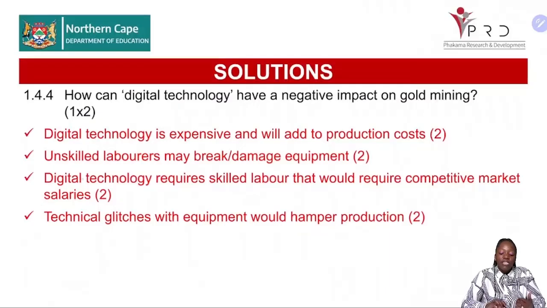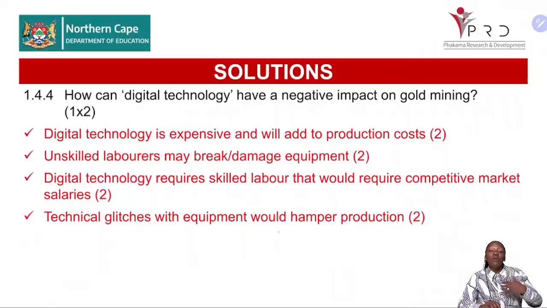Then we're looking at the unskilled laborers. Remember, we said in this province, there are more unskilled laborers, who may break or damage the equipment because they do not have the skills to operate this digital technology. Then we're also looking at digital technology that requires skilled labor, which will require competitive market salaries.